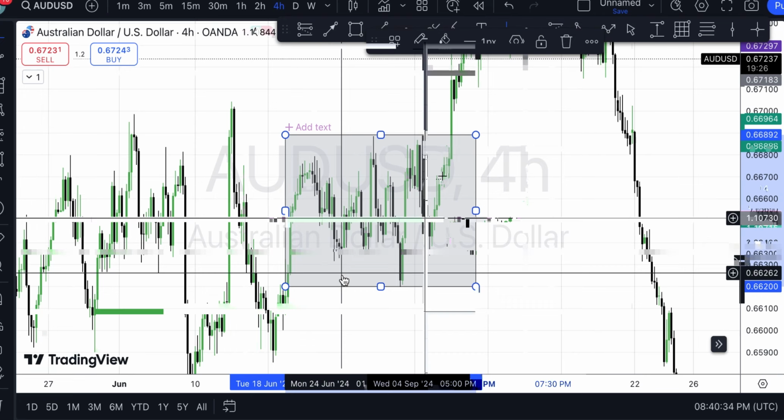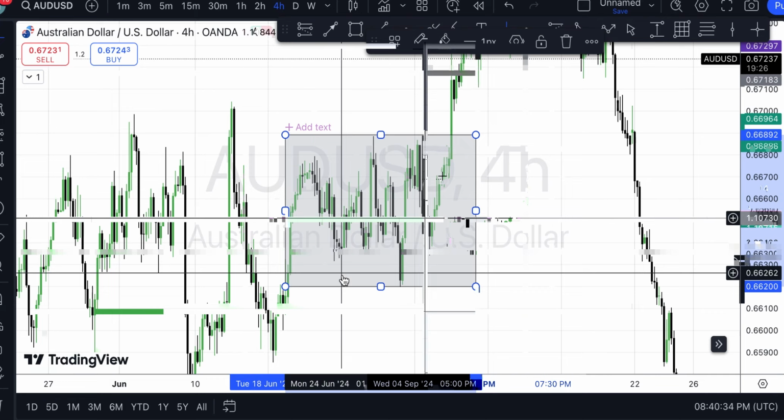Let's now look into how to use this support and resistance. Number one way of using support and resistance is a trader might consider buying near a support level in the expectation that the price will bounce back up. While number two, sell near a resistance.